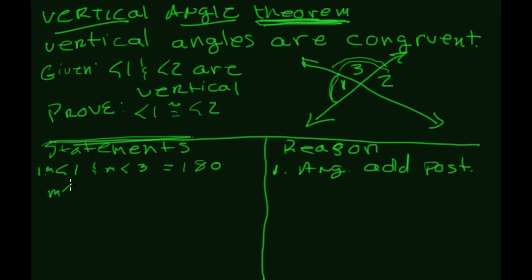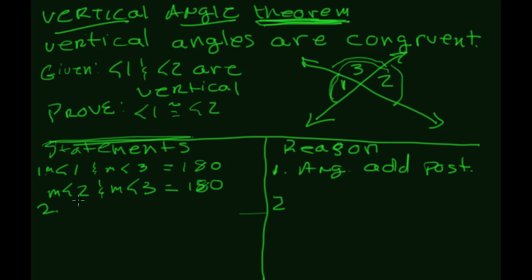Likewise, I can do the same thing with the measure of angle 2 and the measure of angle 3. They also have to equal 180, by the angle addition postulate.